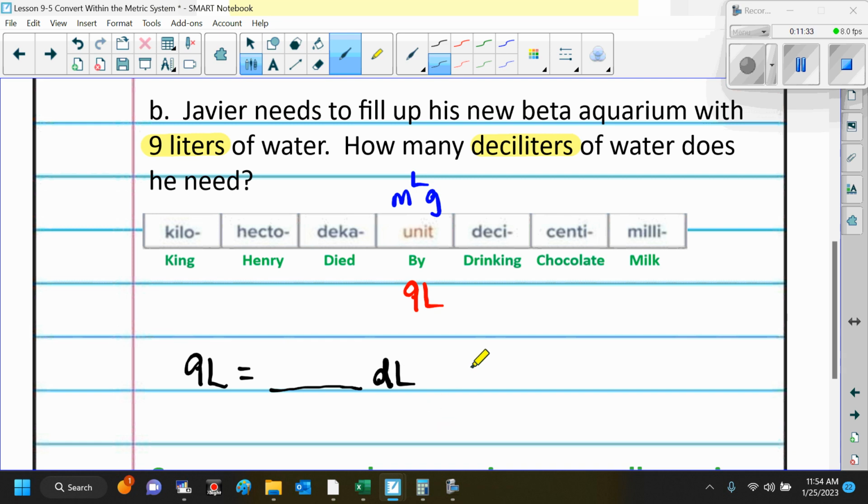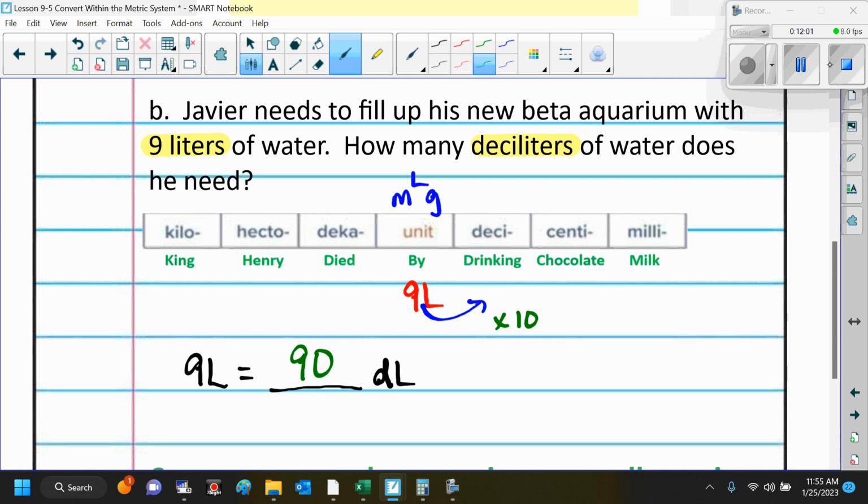Now, how many times do I have to move my decimal to get to deciliters? Once, to the right. And moving to the right means we are multiplying by 10. So 9 times 10 is 90.